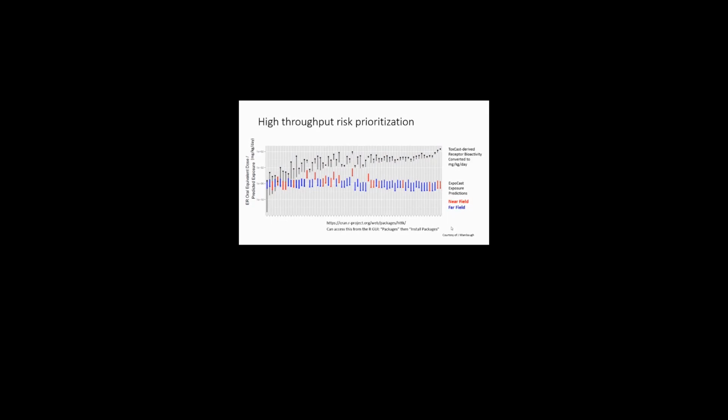So in this approach, they are developing better exposure models to predict exposure, which is demonstrated as blue and red lines on this figure. And then the black lines are human points of departure converted from in vitro bioactivity data using a high throughput model.